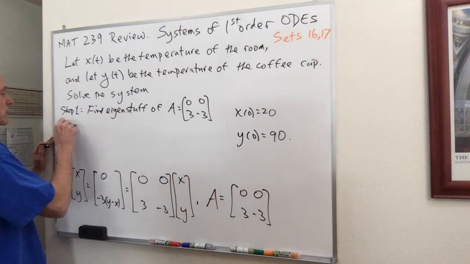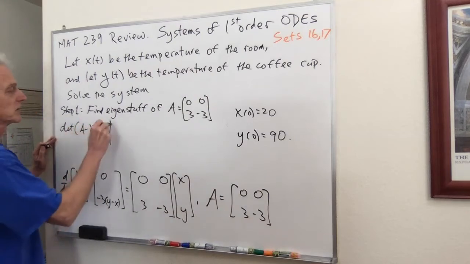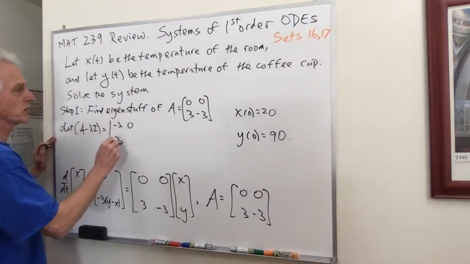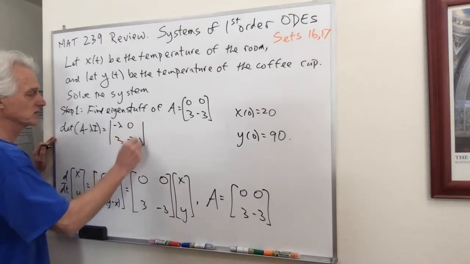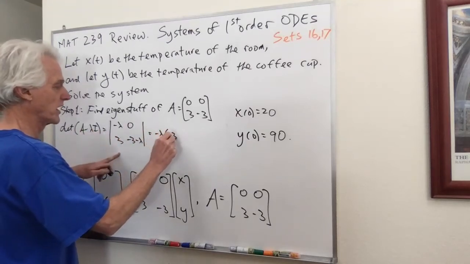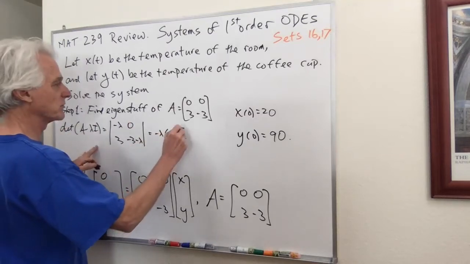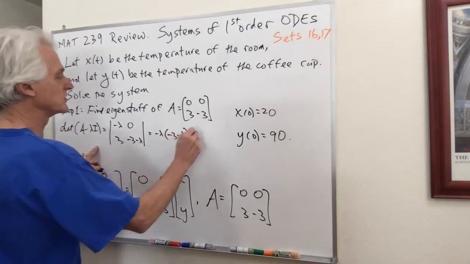The determinant of A minus lambda I is the determinant of minus lambda, 0, 3, minus 3 minus lambda. So it's minus lambda times minus 3 minus lambda equals 0.